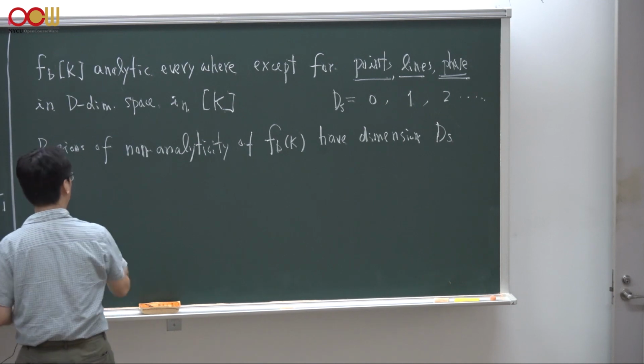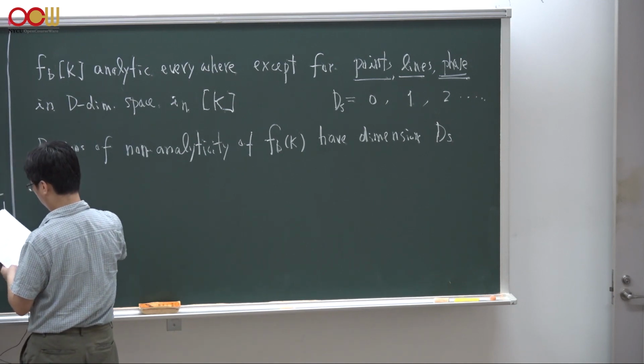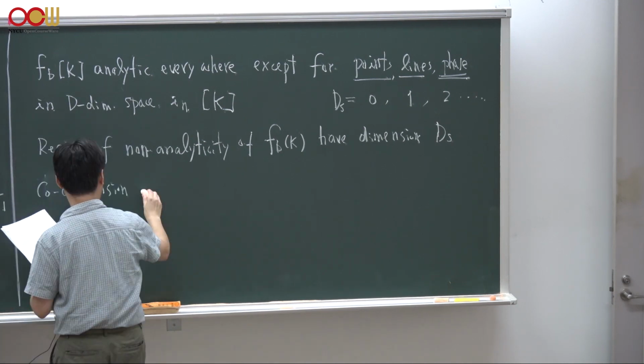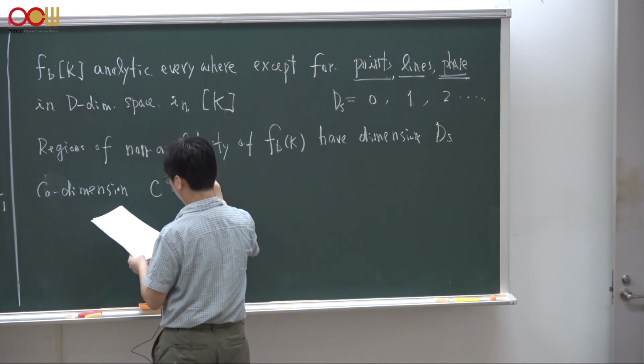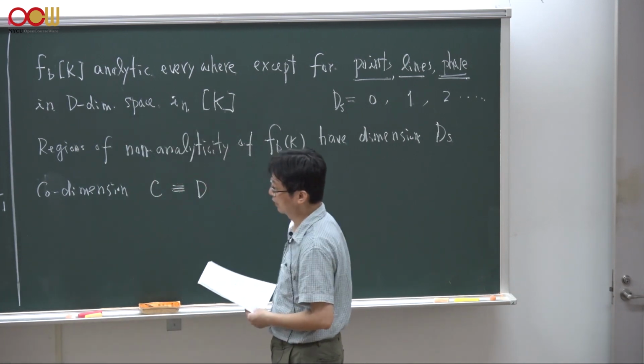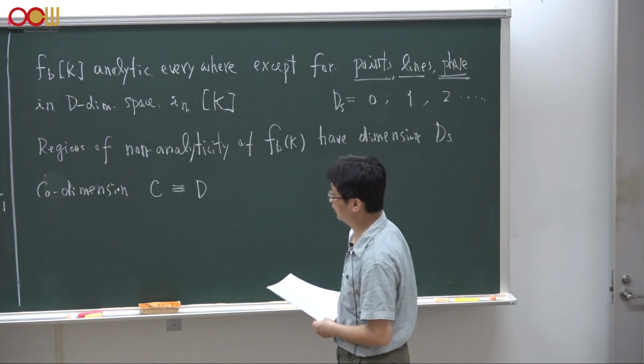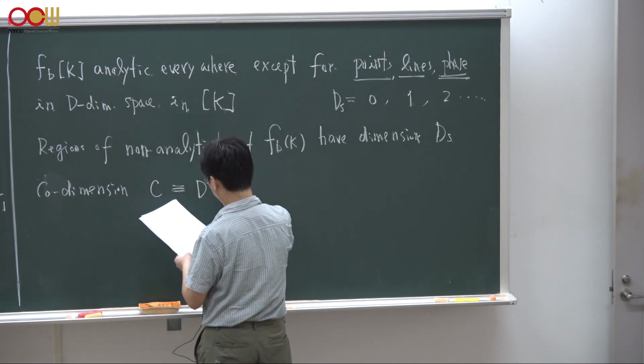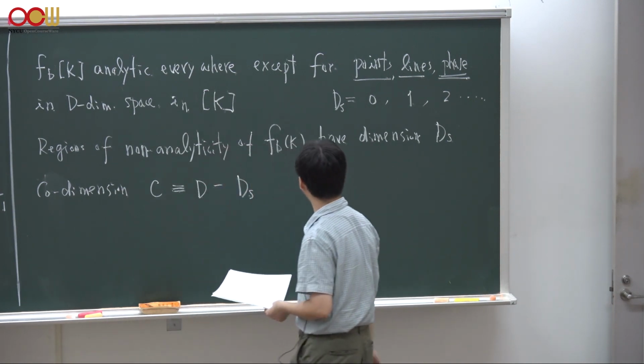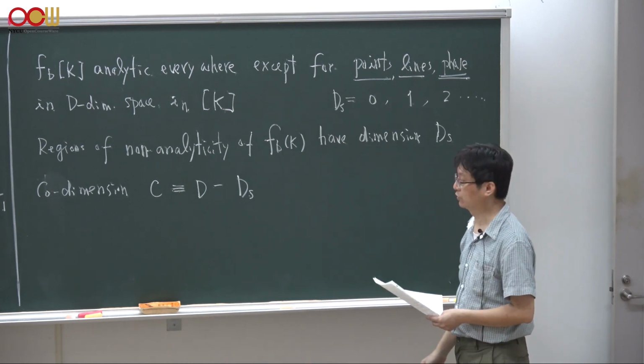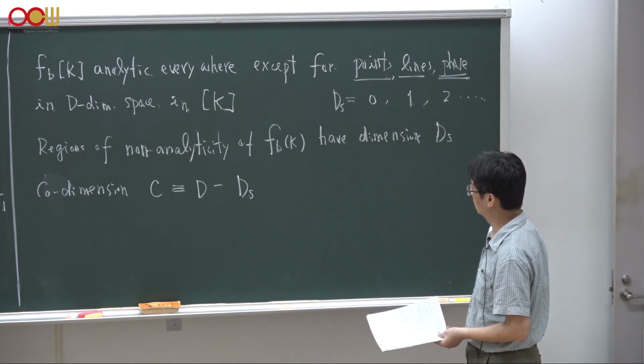Okay, and then we could define another very useful dimension called the codimension, C, which is defined as the total dimensionality of your phase diagram, capital D, minus ds, the dimensionality where the bulk free energy density shows non-analyticity.